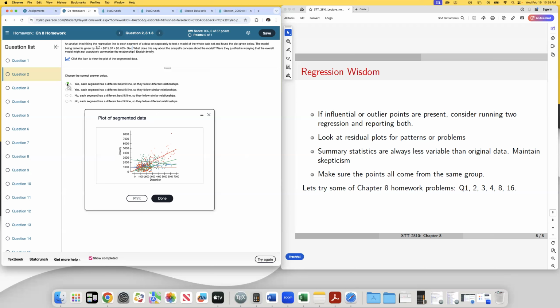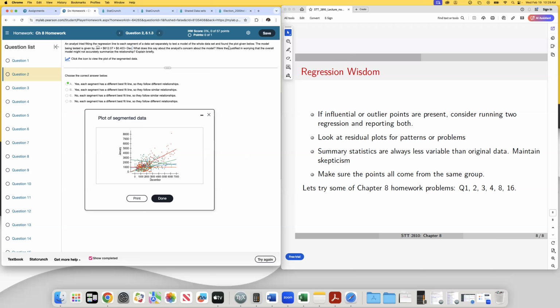Let's look at the other ones. This one says that yes, they are also worried, and each also has a different best fit line, which is also true. But it says they follow similar relationships. No, the relationships here are not similar. They are different. This is positive, this is negative, and this was also positive. So that means B is out.